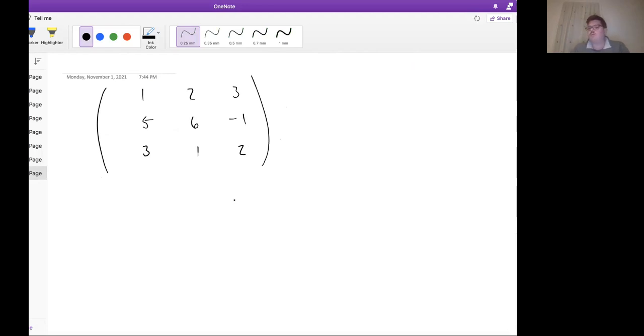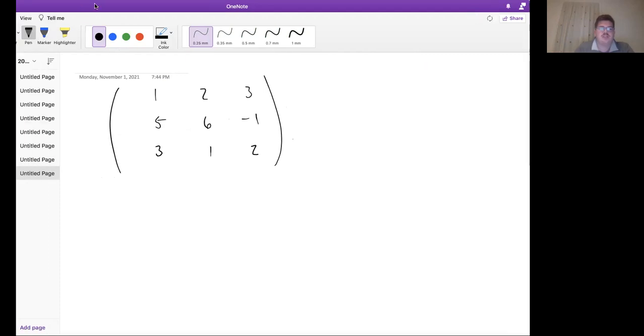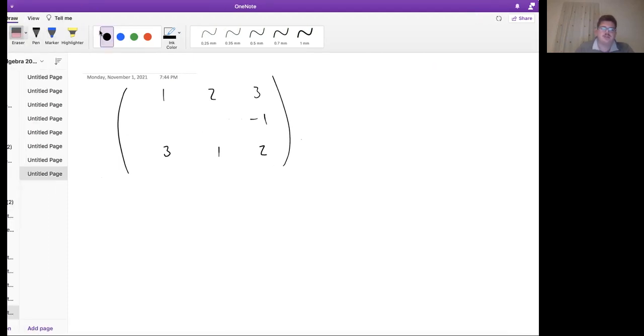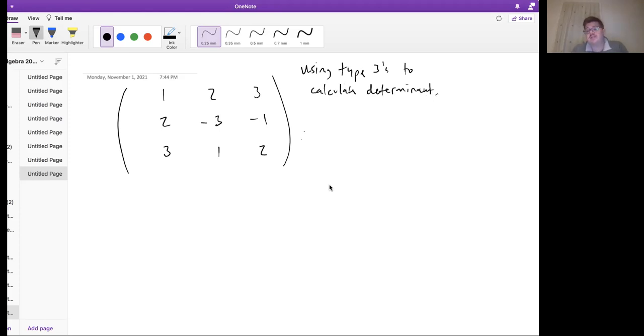Okay, so why is a matrix like this, let's do some nicer numbers, a nice candidate for using type 3s to calculate the determinant? It's that I can construct zeros, right?